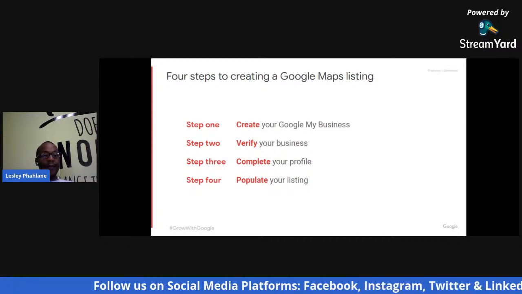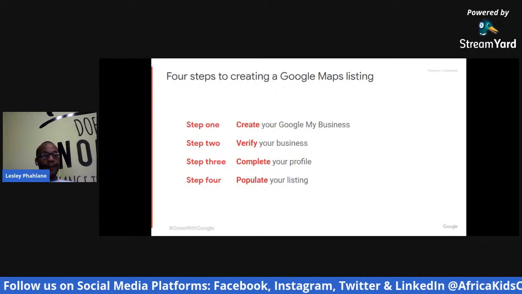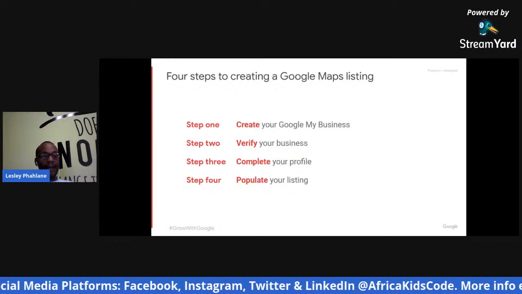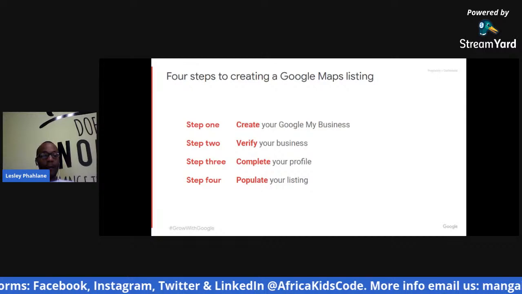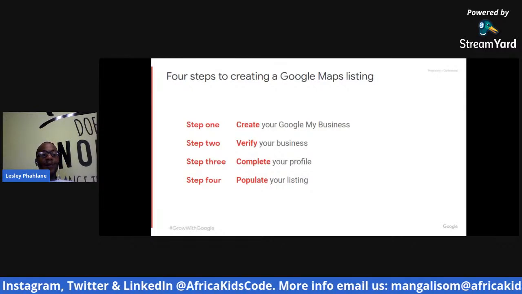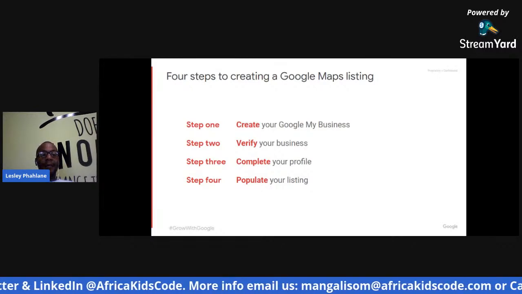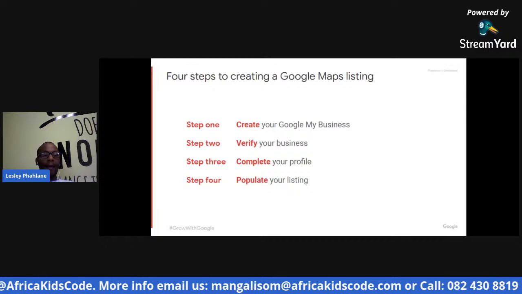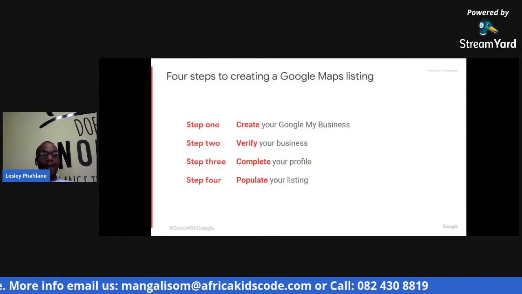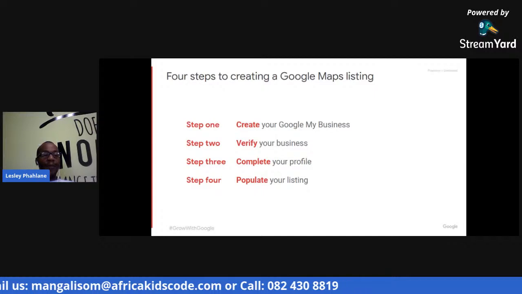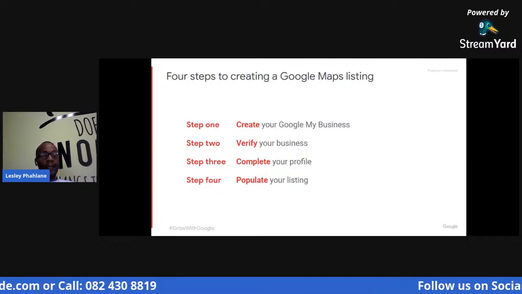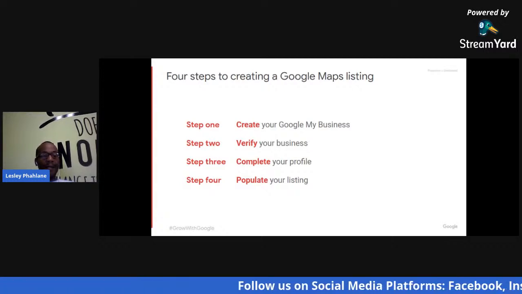The first step is to create your Google My Business account. The second step is to verify your business. The third step is to complete your profile and then populate your listing. So we're going to go into detail on step one, which is creating your Google My Business account.